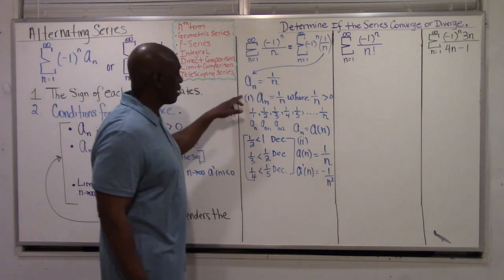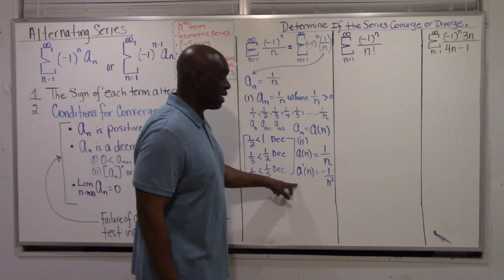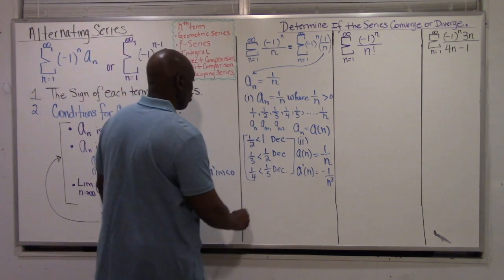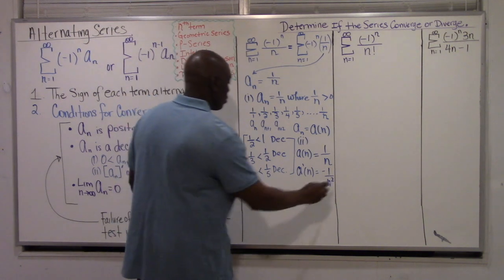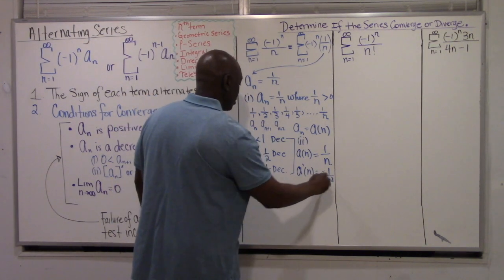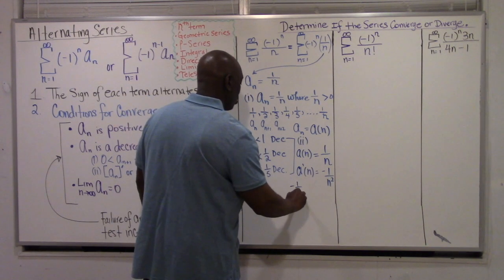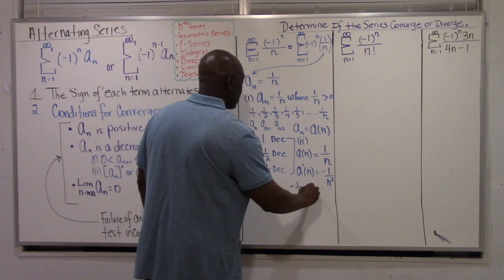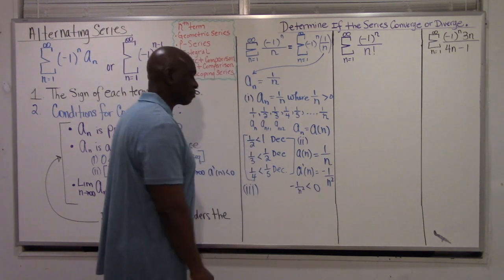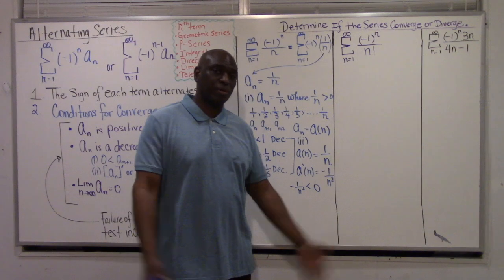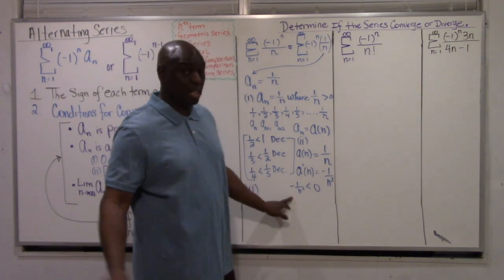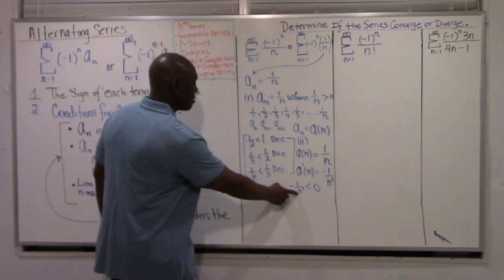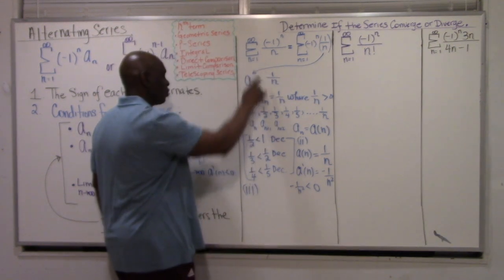So we've satisfied condition 1, we've satisfied condition 2, and now onward to condition 3. Back at condition 2, we can say negative 1 over n squared is less than 0, of course where n cannot equal 0. Well, n is never 0 because we're starting with n equals 1.